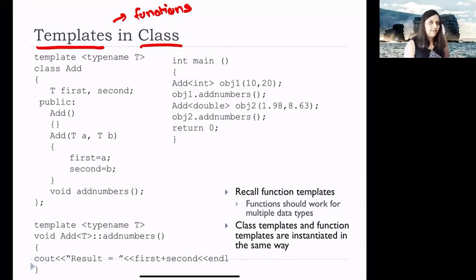As you might already be aware, the purpose of a template is to give you independence from a specific data type. So the purpose of a template is having the usability of one thing across different data types. Now, you know that we have different data types like int, double, char, string. All these are various data types that we have, and depending upon what we want to do, we use different data types.